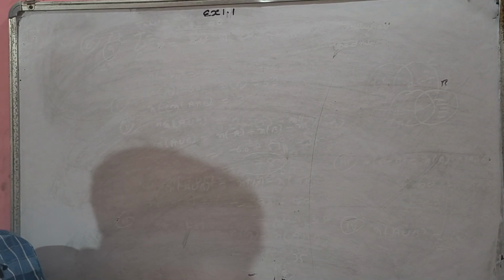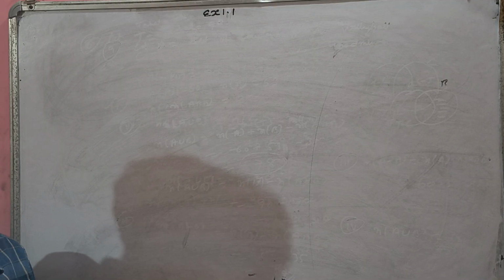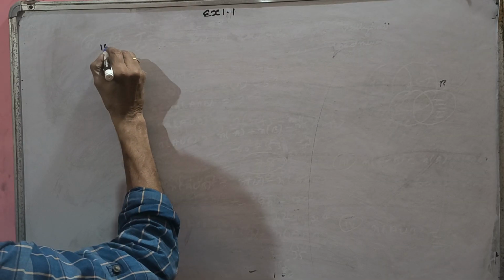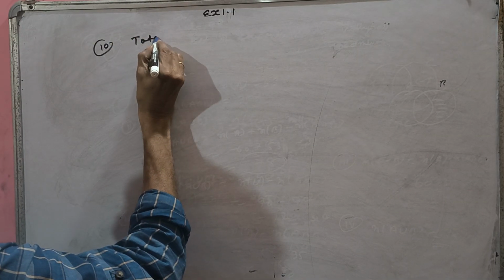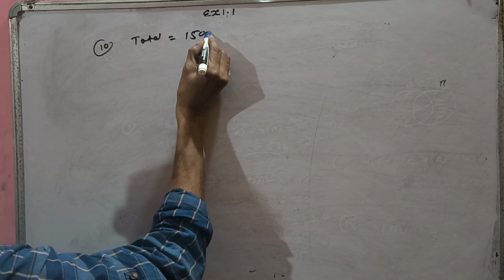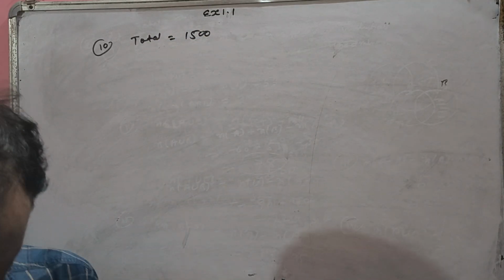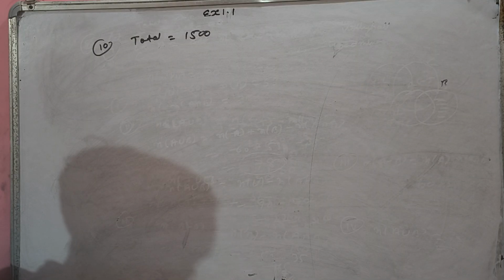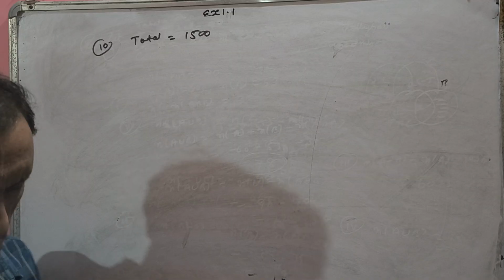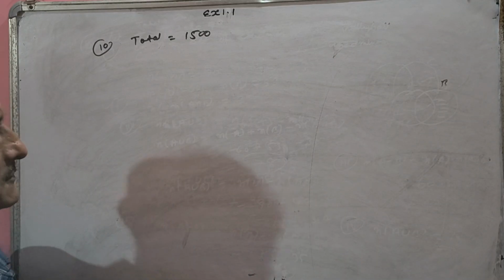Question number 10. Total number of families visited is 1500. Total is given 1500. Now the question is, out of 1500 in a town, it is found that there are families having TV and some having radio.